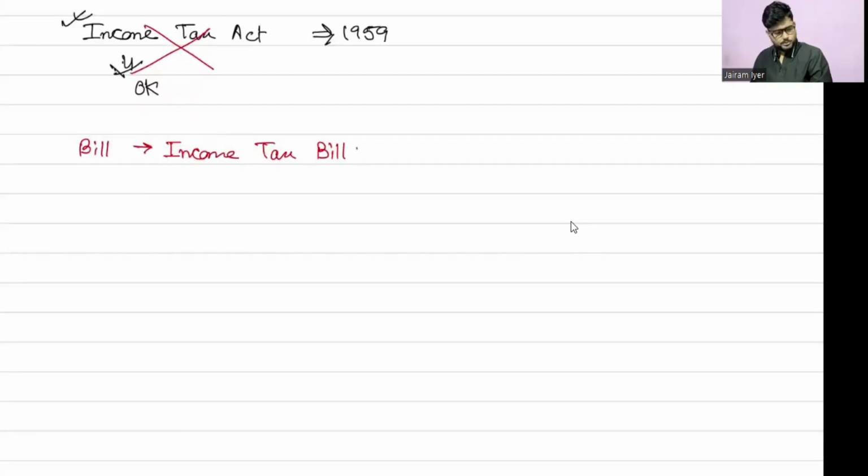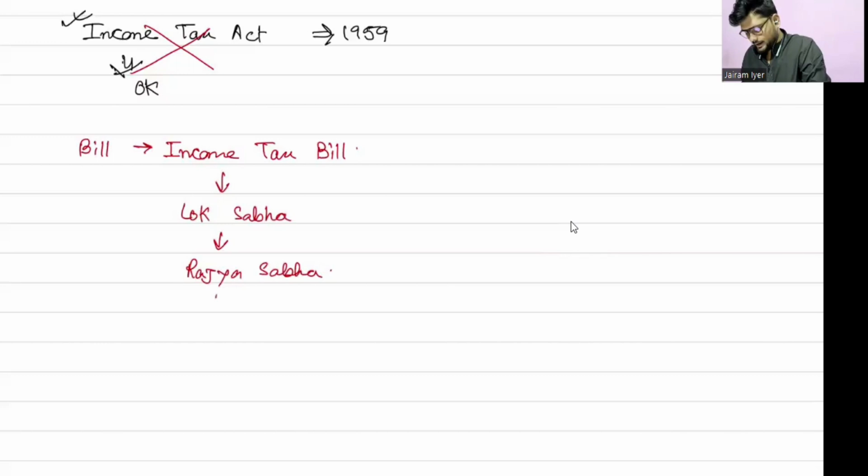Now, you all know about the two houses of Parliament, the lower house and the upper house. Correct. We all know about Lok Sabha and Rajya Sabha. Okay, you might have to bear with my handwriting; I'll try to improve it. And we all know about the President of India.